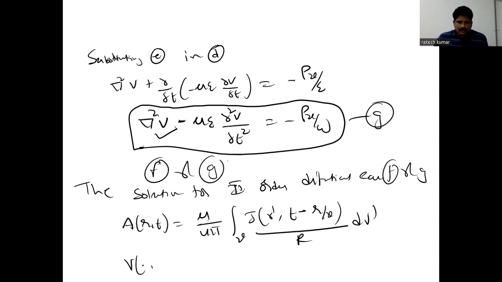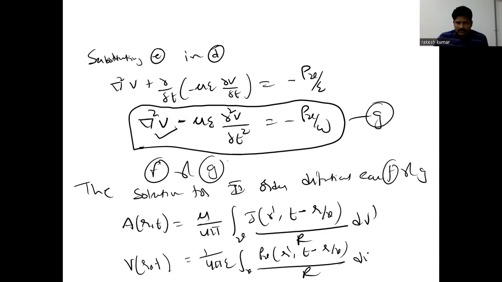Similarly, V of R comma t is equal to 1 by 4 pi epsilon integral of rho V of R dash, t minus R by v, by R, dV dash. These are called retarded potentials.